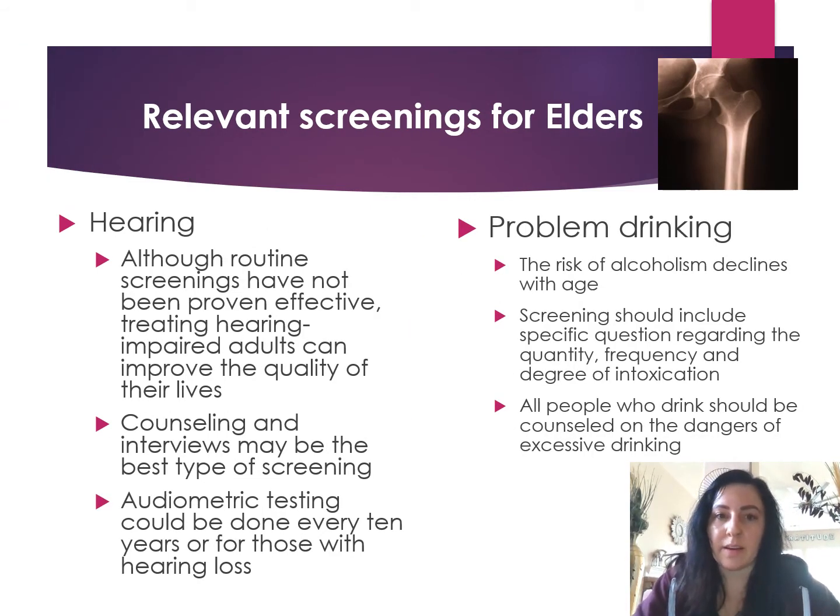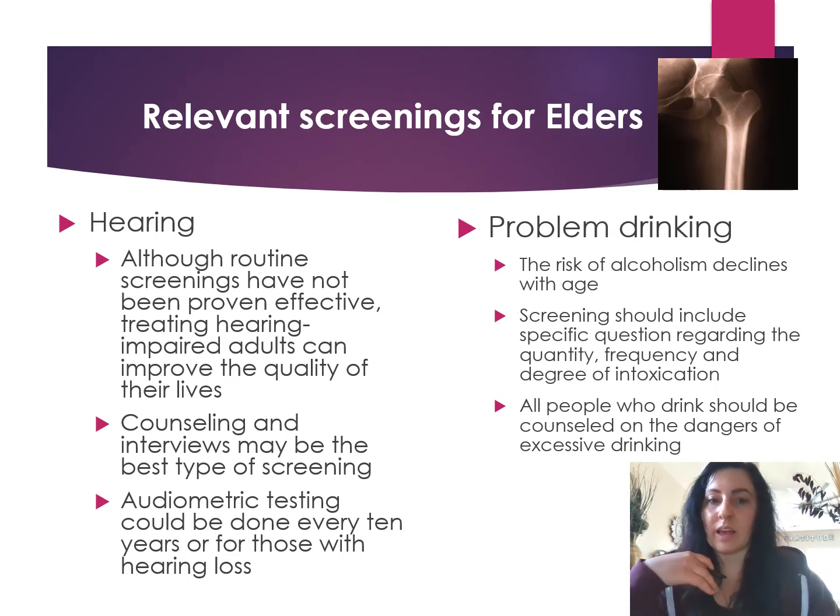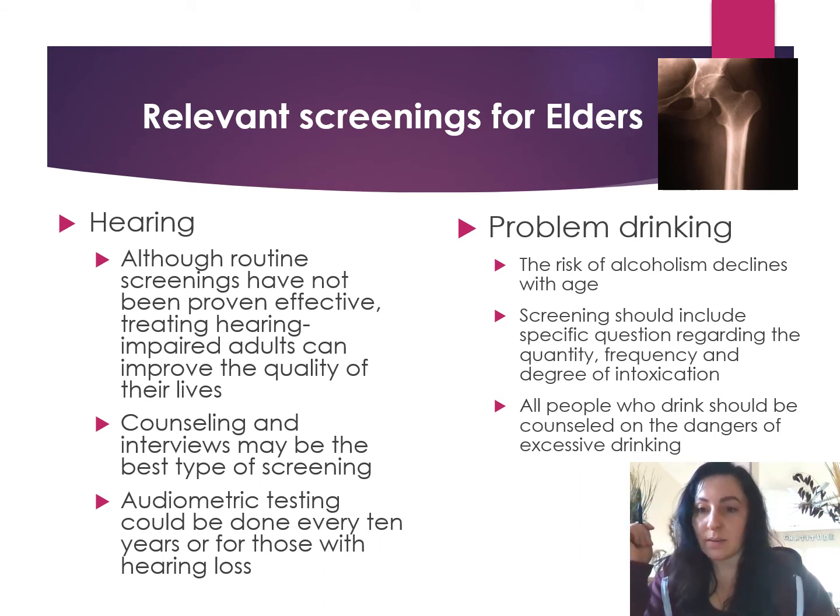Okay, so hearing. Although routine screenings have not been proven effective, treating hearing impaired adults can improve the quality of their lives. So counseling and interviews may be the best type of screening. Audiometric testing could be done every 10 years or for those who actually have hearing loss. Then problem drinking.